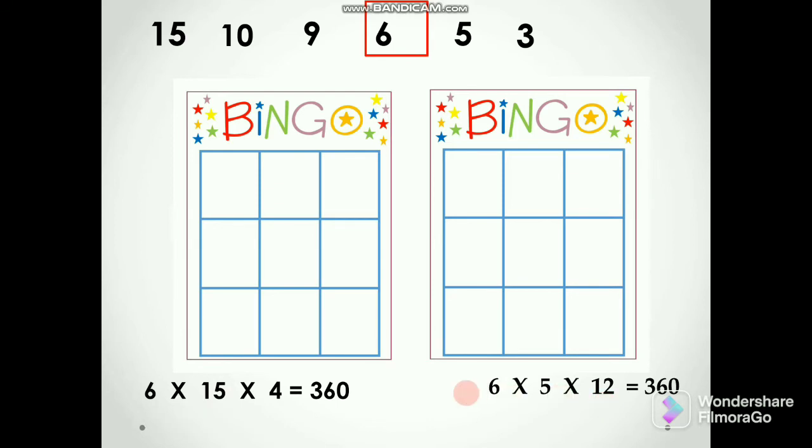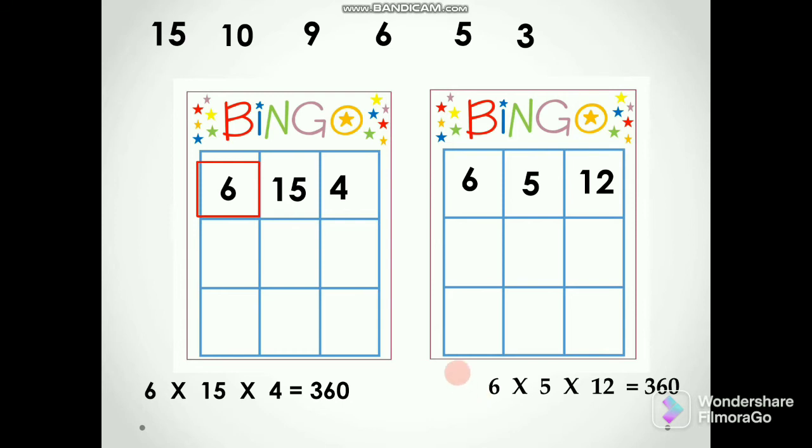So for my first card, I put 6, 15, and 4. For my second card, I put 6, 5, and 12. Next, since I have 6 here, I focus on my 6. For this case, I'm going to focus on my column 1 and my number 6.